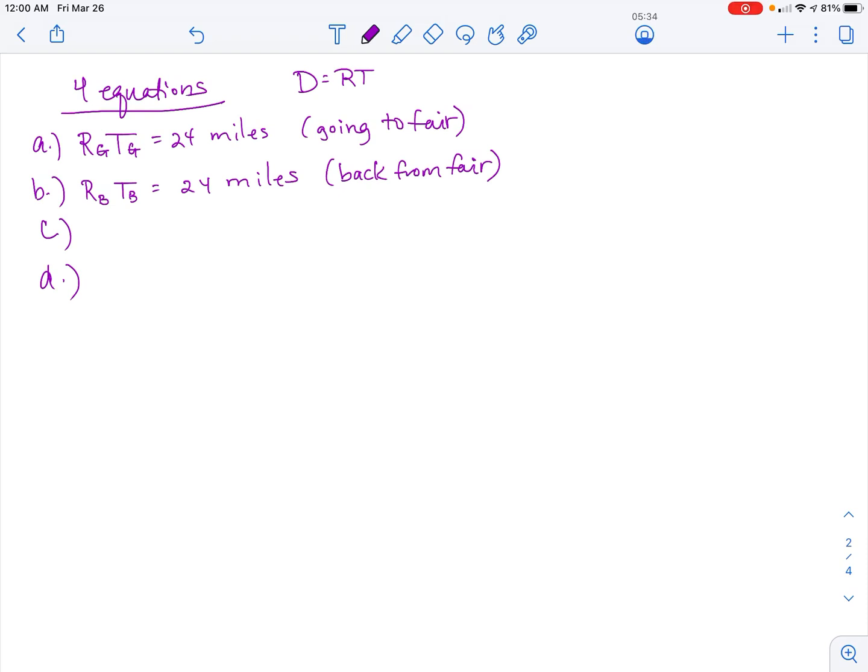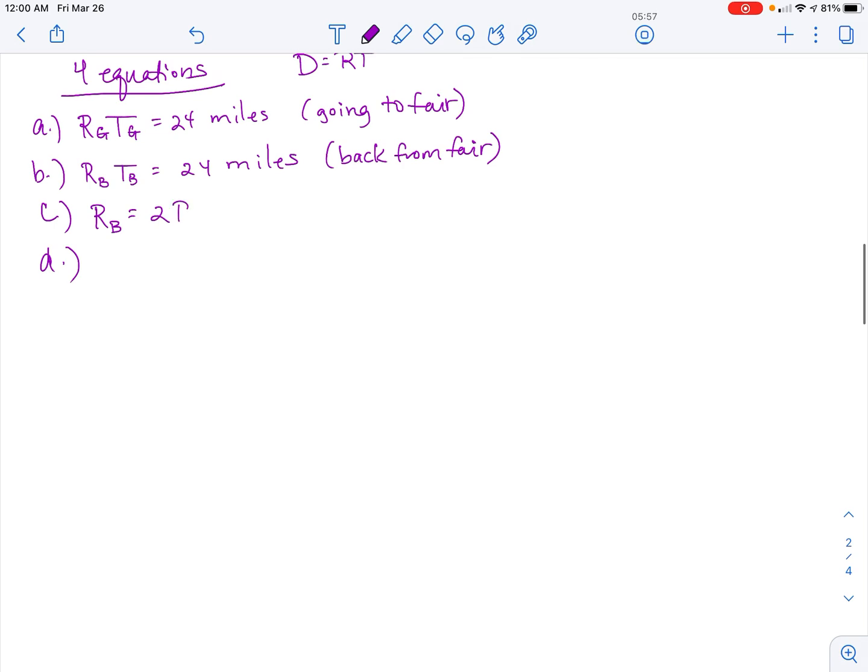Now the third one, let's see what else we have to know. He stayed too long at the fair and he had to double his speed on the way back. So the rate coming back was 2 times the rate going, right? He went twice as fast as the rate that he went to the fair. So we're going to have 2 times the rate going to the fair. He doubled, or 2 times, his rate, or his speed.